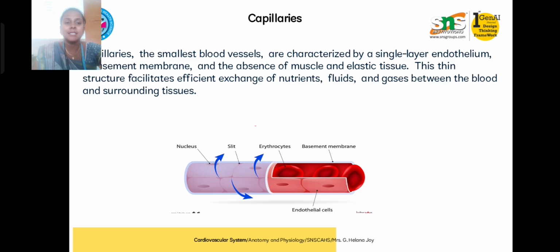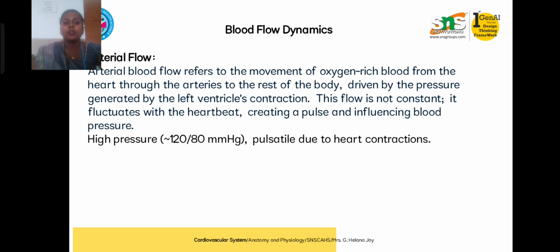Capillaries are the smallest blood vessels, characterized by a single-layer endothelium membrane, and muscles and elastic tissue are absent in capillaries. It is a thin structure which facilitates efficient exchange of nutrients, fluids, and gases between the blood and the surrounding tissues.